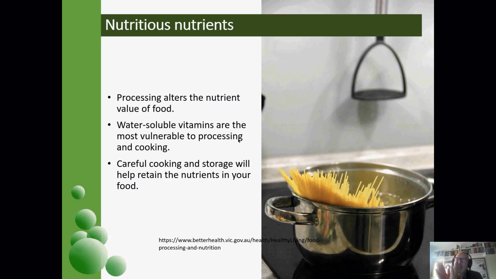It's the water-soluble vitamins which are particularly problematic in the sense that they are very easy to destroy. They're very easy to break down, and so one of the key things in preparing food is to be able to retain as much of the nutrient value in the food as possible.